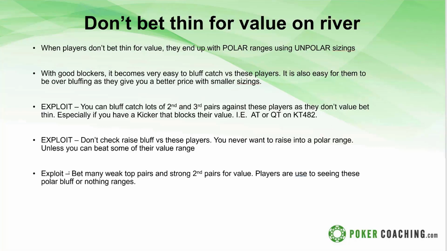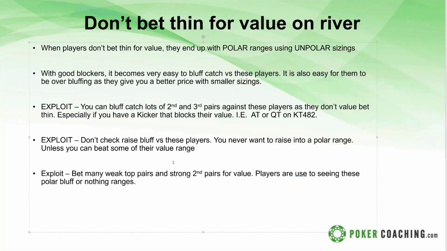Another exploit is to bet many weak hands. You should be betting really thin for value yourself. You should be betting many weak top pairs and strong second pairs for value because players are used to seeing these polar ranges on the river. People only bet polar, and they're not used to seeing thin value bets.